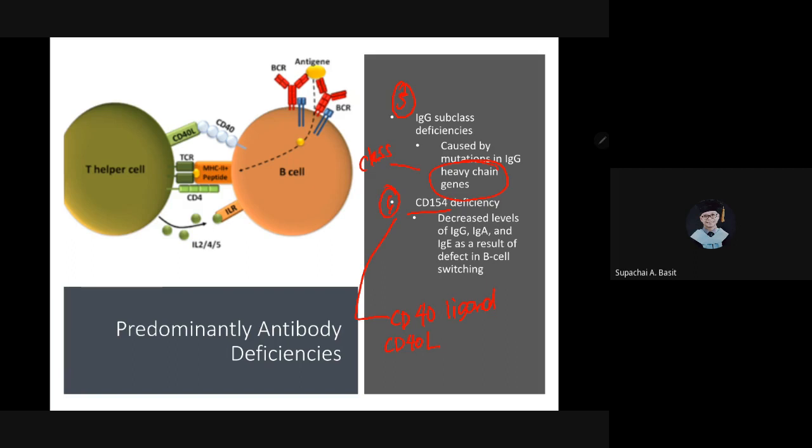Okay, so it is a protein that is primarily expressed on activated T cells and is a member of the TNF, tumor necrosis factor, superfamily of molecules. So the reason why we call it CD40 ligand is because it binds to CD40 on antigen presenting cells. Okay? So CD154 will bind to CD40, particularly on antigen presenting cells.